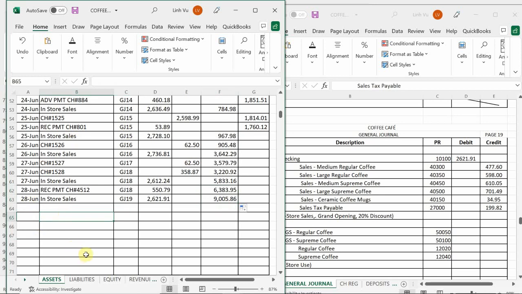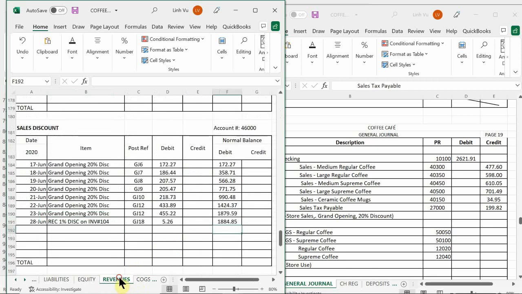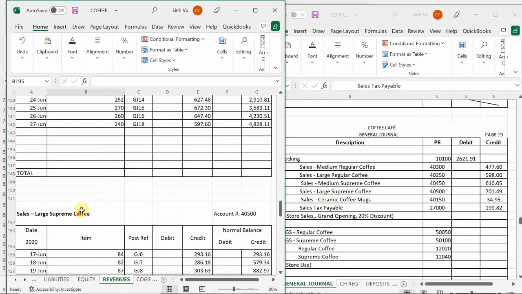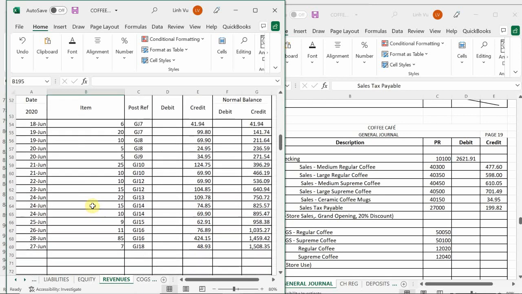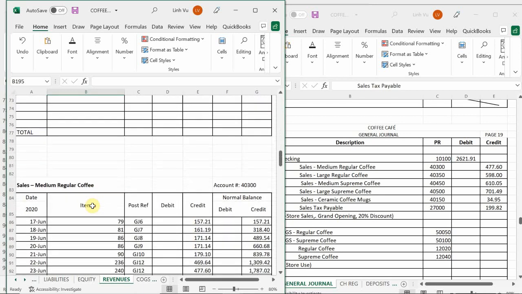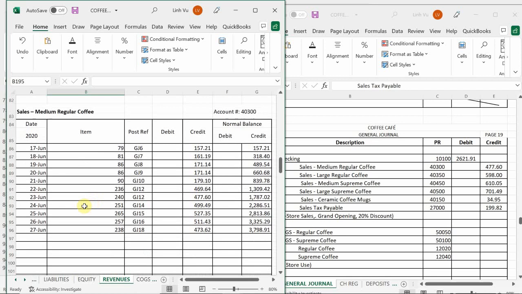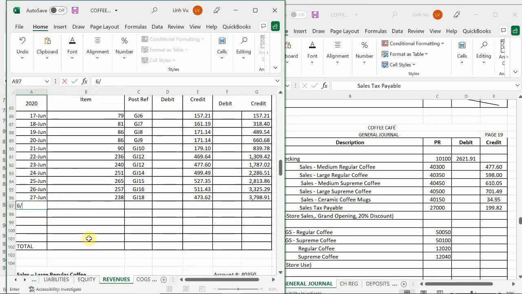Let's see what's next. We have to record all of my sales. So revenues first, starting with my sales for the medium regular cups. I got the 28th, and how many cups did I sell of this?